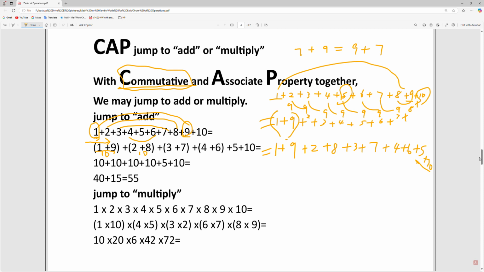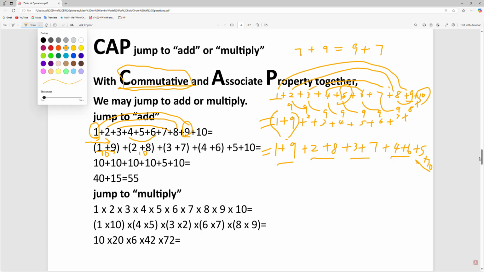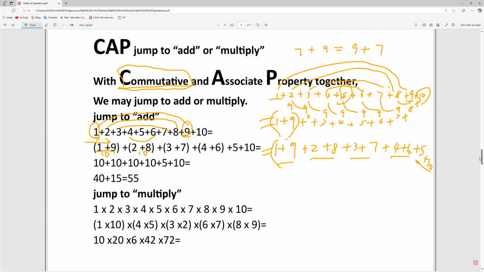And 1 plus 9 here, 2 plus 8 here. How can I do that? I switch the order by using the commutative property. And 3 and 7, and 4 and 6. Okay, now I group them together. I would like to change color. So I use the associative property to group.